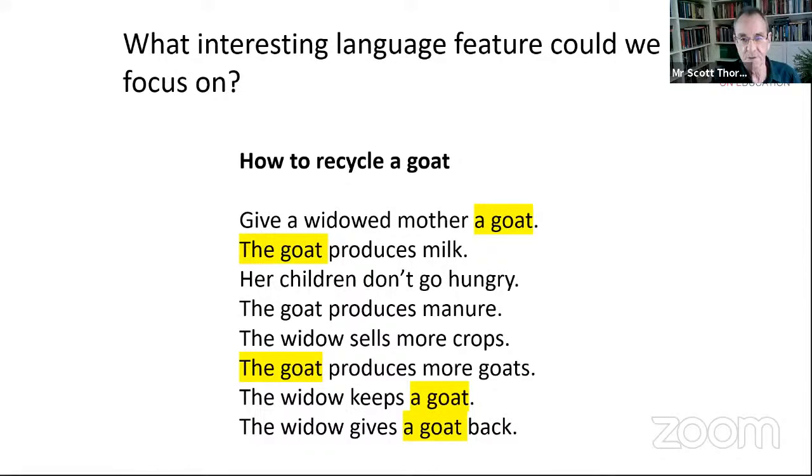Why does it go from a goat to the goat and then the goat to a goat? Isn't that interesting? What does it tell you about the difference between the indefinite article and the definite article? A goat, then the goat, a goat.